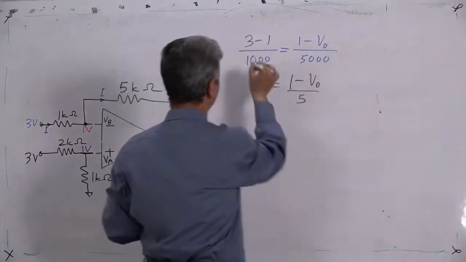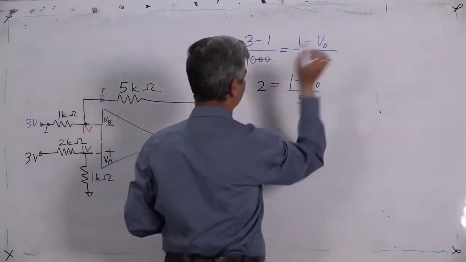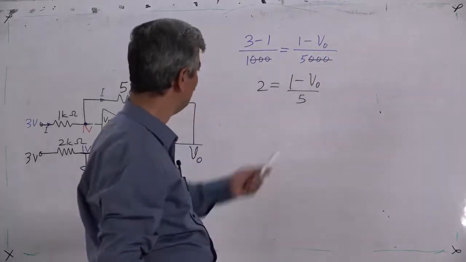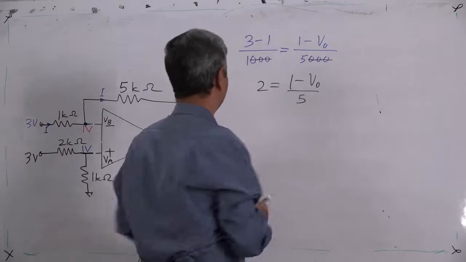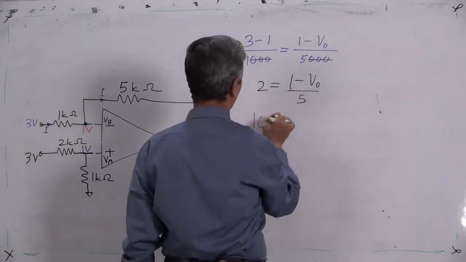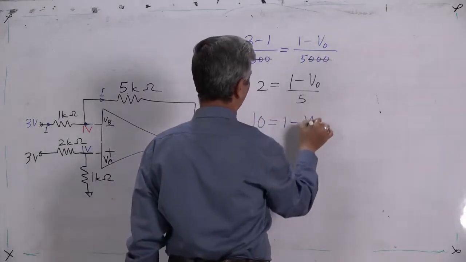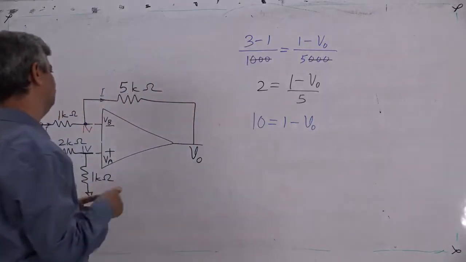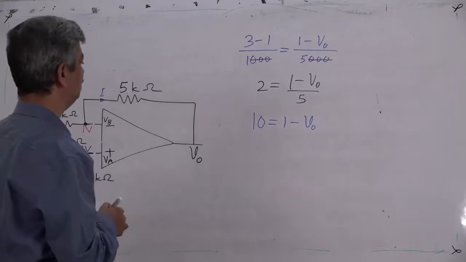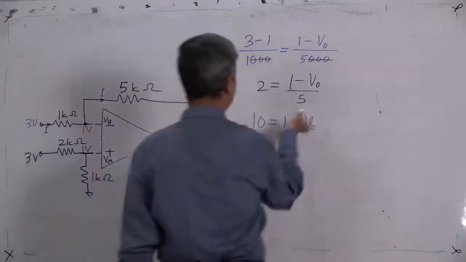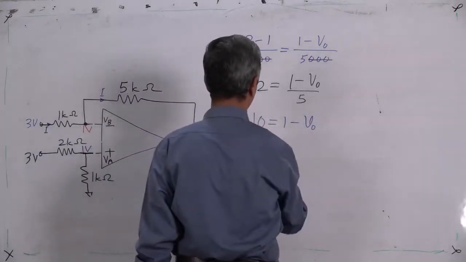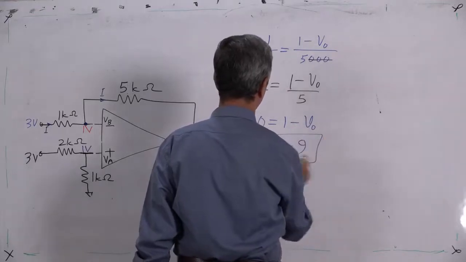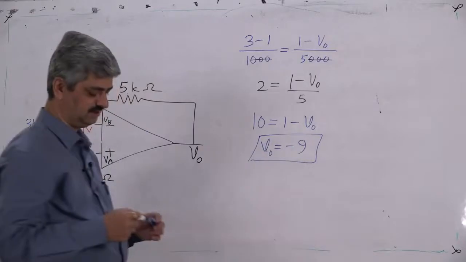A simple school level calculation. So 5 comes on this side. So 10 is equal to 1 minus VO. So what is VO? VO comes on this side, 10 goes on this side. VO is equal to minus 9.